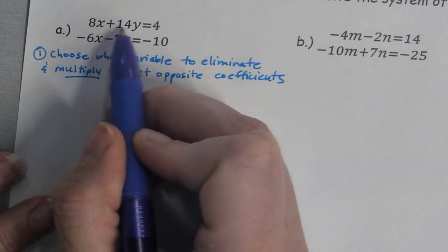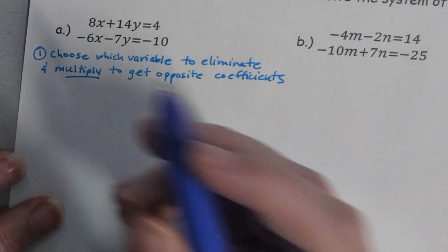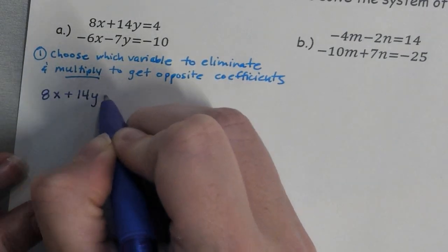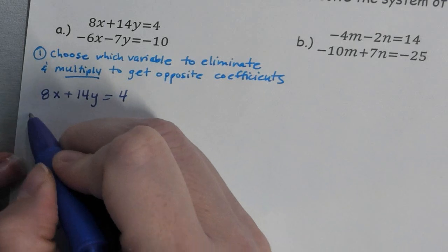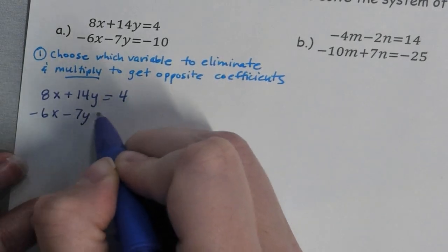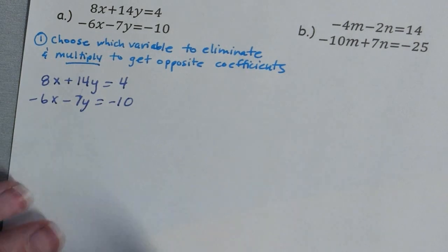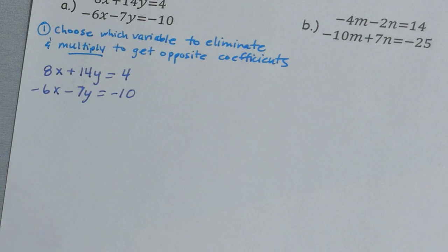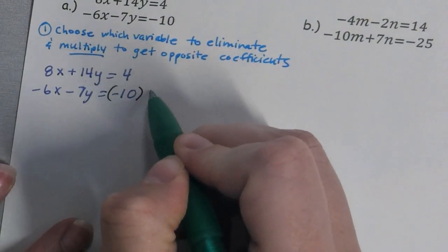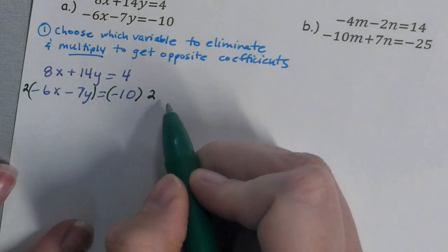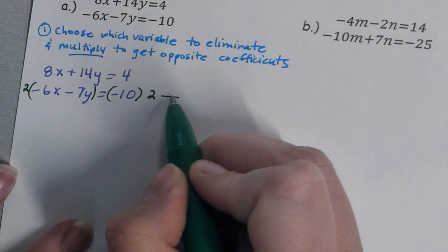If this is 14y, 14 and 7, what's the least common multiple? 14. Okay, so if I want these to cancel out, I'm going to have to multiply the bottom by 2. When you multiply the bottom by 2, make sure you do that on both sides, using the distributive property.